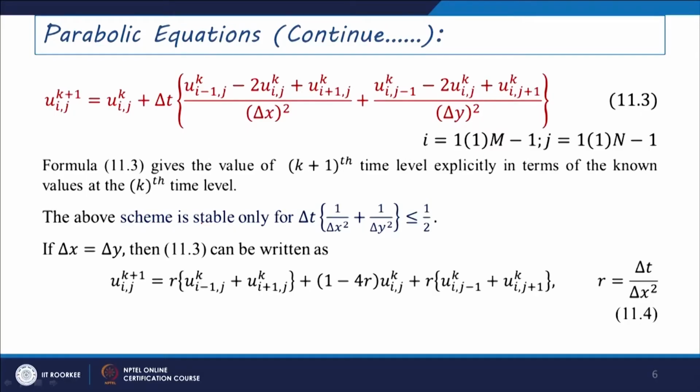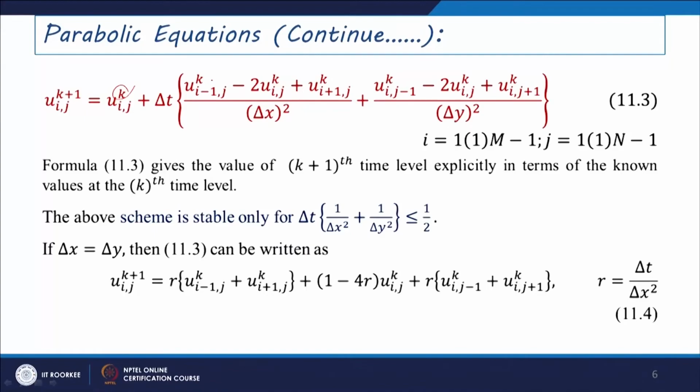Since we are writing u i j to the power k plus 1 minus u i j by del t, del t can be multiplied on the right hand side and u i j can be taken to the right hand side. On the right hand side we keep all of these known values, and i is varying from 1 to m minus 1 and j is varying from 1 to n minus 1.